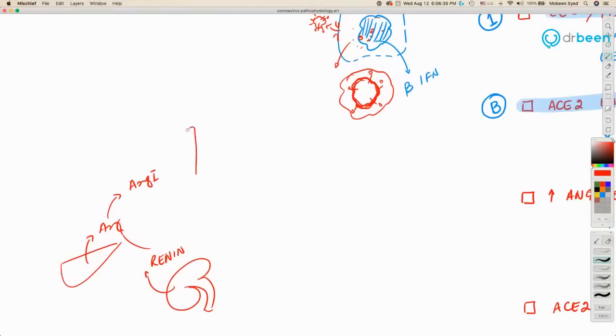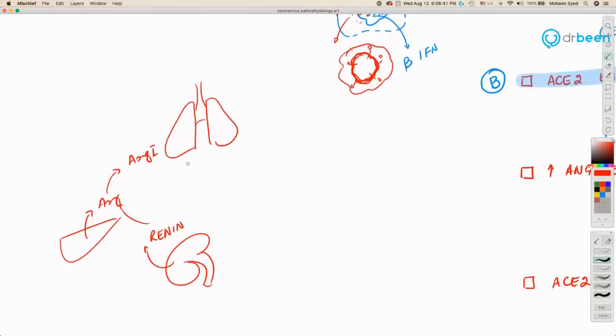Angiotensin 1 will go to the lung tissue, and in the lungs blood vessels, angiotensin 1 is converted to angiotensin 2 by ACE1 enzyme. ACE1, it's not ACE2, ACE1 enzyme.